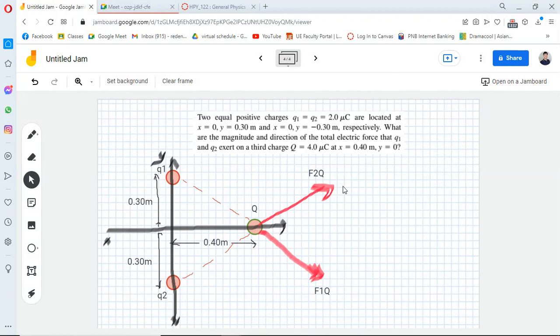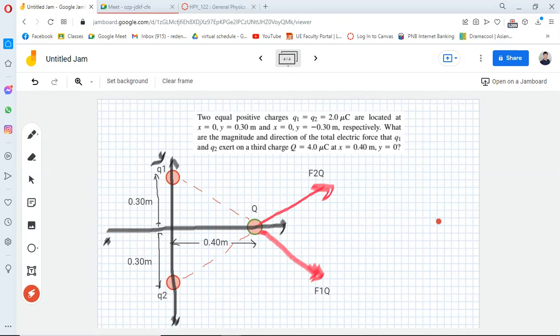Tama, no? Ganyan yung ating setup. So, how to find then the net? Kailangan alam muna natin itong F2Q at F1Q using Coulomb's law. Pero hindi ka makakapag-proceed sa Coulomb's law hanggat hindi mo alam yung layo ni Q1 kay Q at ni Q2 kay Q. So paano mo ngayon malalaman yung layo neto? Kailangan mo gumamit ng Pythagorean theorem.